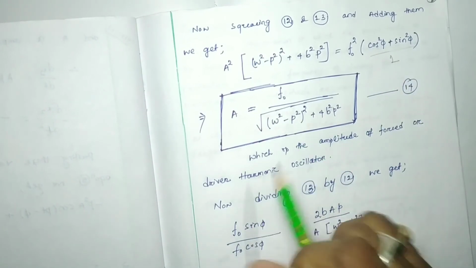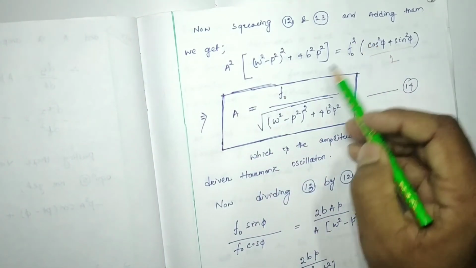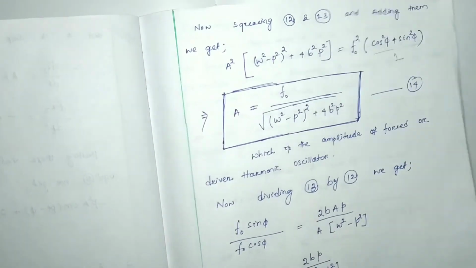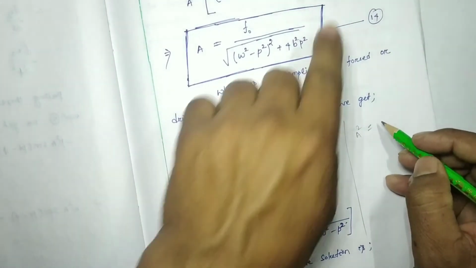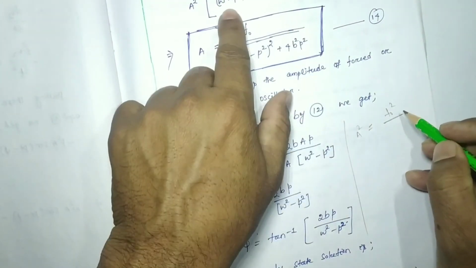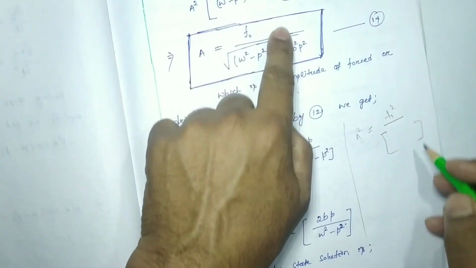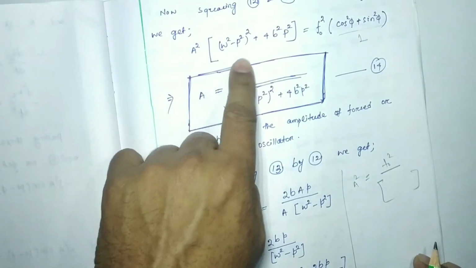So that implies a square will be equal to f0 square divided by this much.